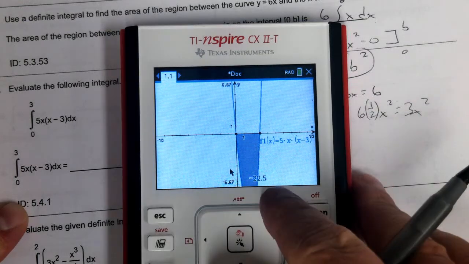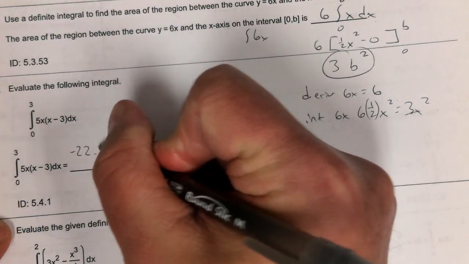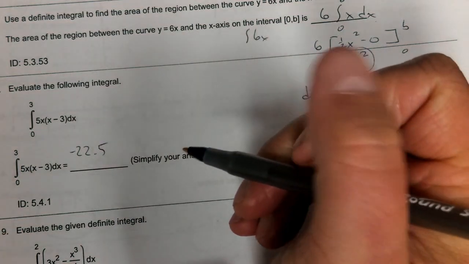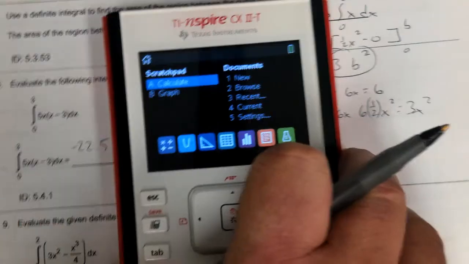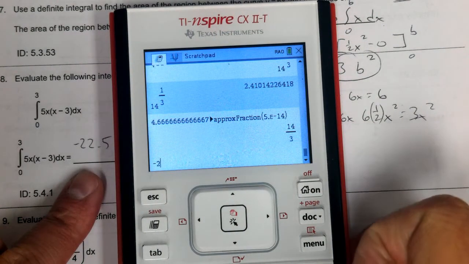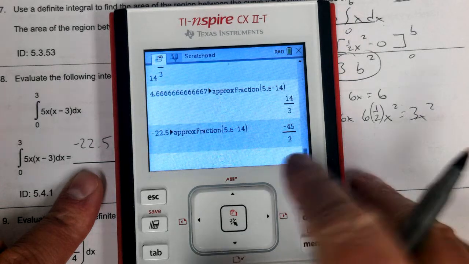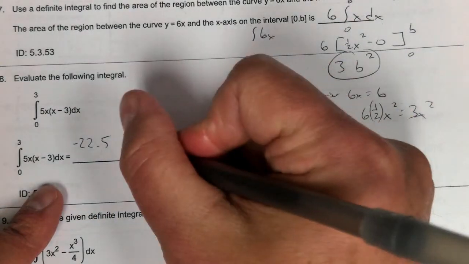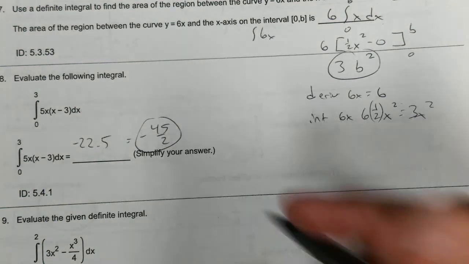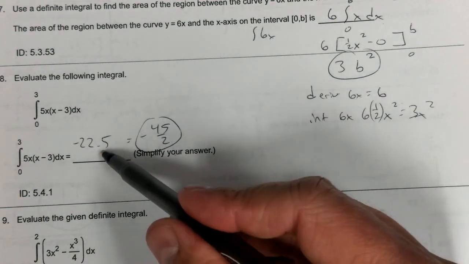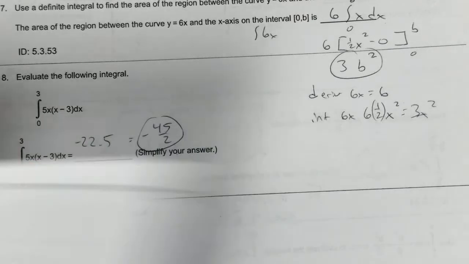That gives you negative 22.5. Now on my paper review, it has it as a fraction. So what you would do is type negative 22.5, menu number, fraction, and it gives you negative 45 halves. It does just say simplify your answer, so it may take that, but on mine it took the fraction.